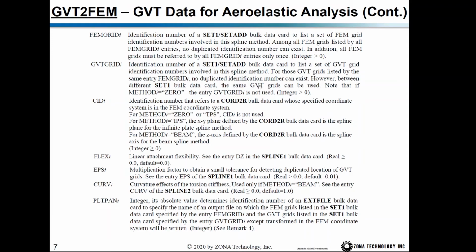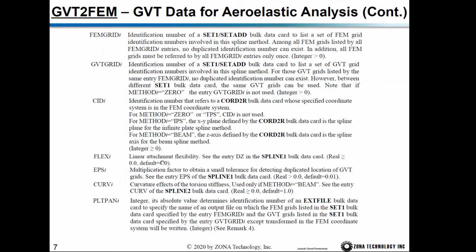Okay, but if METHOD is 0, this entry GVT GRID is not used. CID is the ID of a CORD card. If the method is 0 or TPS, CID is not used. If METHOD is IPS, because the infinite plane spline method needs a spline plane, the XY plane of the CORD card is the spline plane. If the beam spline method requires a spline axis, the Z axis defined by the CORD card is the spline axis.